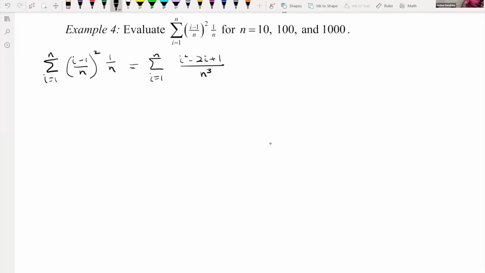And so just as we saw in the previous examples, we can factor out anything not involving i's. In other words, we have a 1 over n to the third here, which we can write on the outside of our summation like this: i squared minus 2i plus 1.